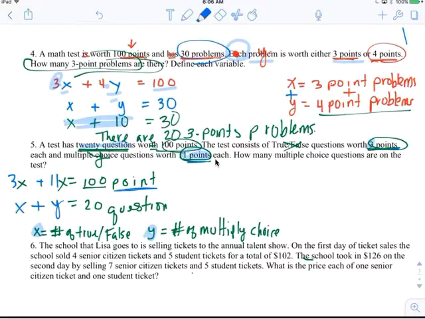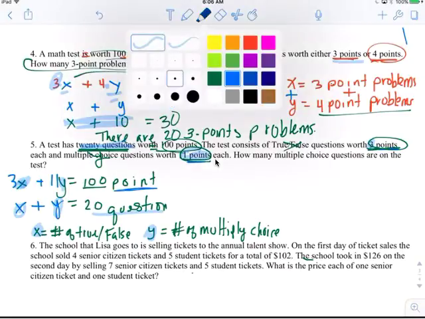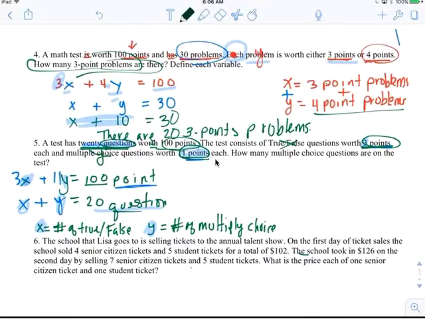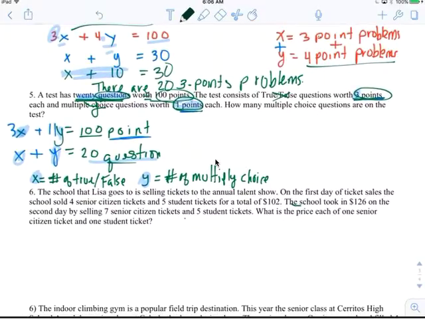And then the X plus the Y here, X plus Y has to equal the 20 questions. Okay, and then you use elimination.